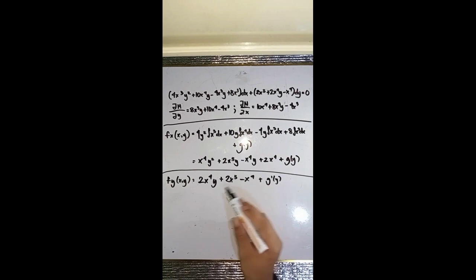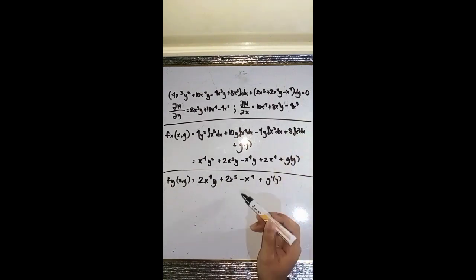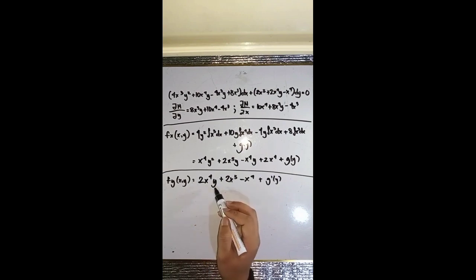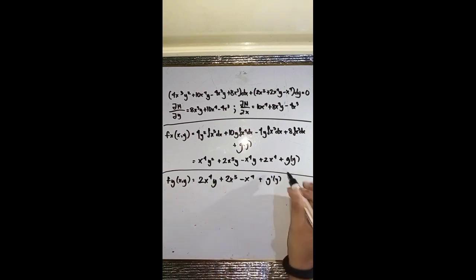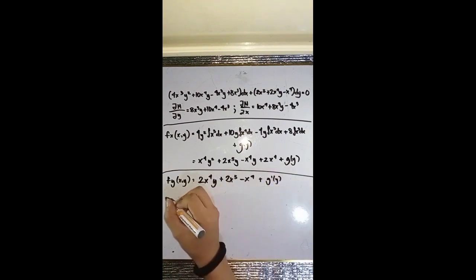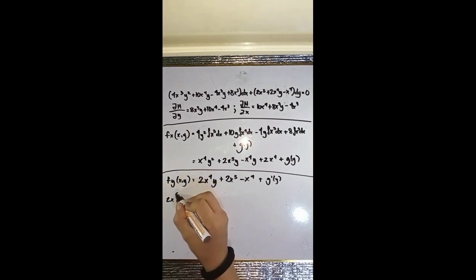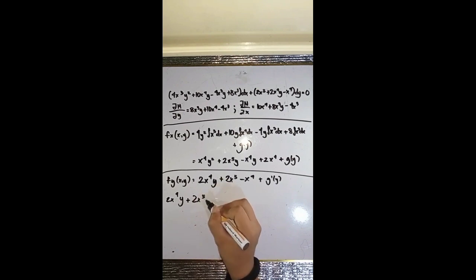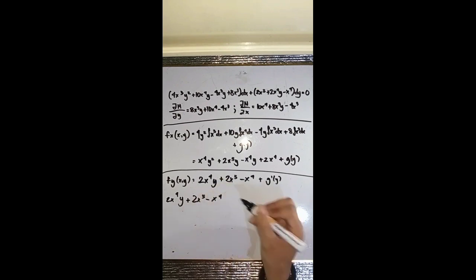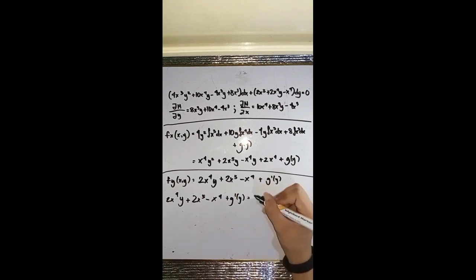Now with this equation we can use the N function in order to cancel out like terms. So 2x to the fourth y plus 2x to the fifth minus x to the fourth plus g prime of y, and using the function of N to cancel out the like terms: 2x to the fifth plus 2x to the fourth y minus x to the fourth.